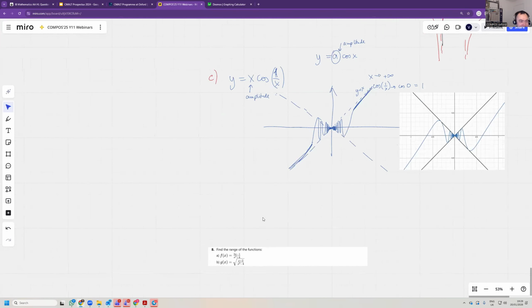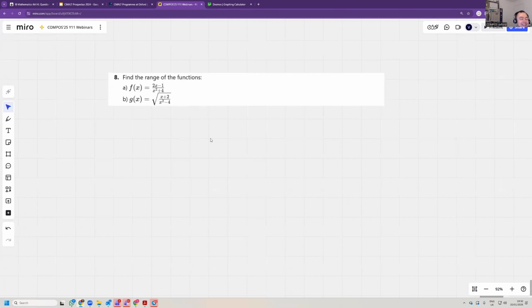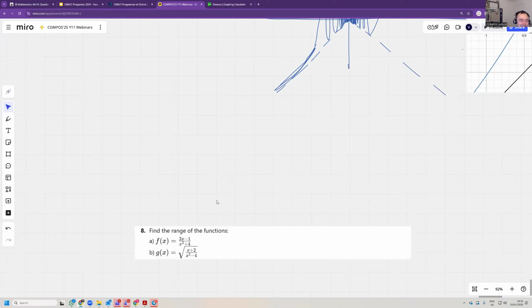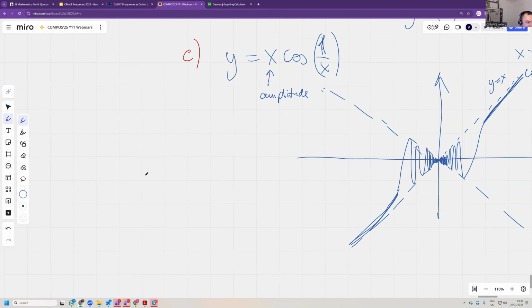You could also think of it this way. You know that if you have y equals a multiplied by cos bx, you can think of it in this way.